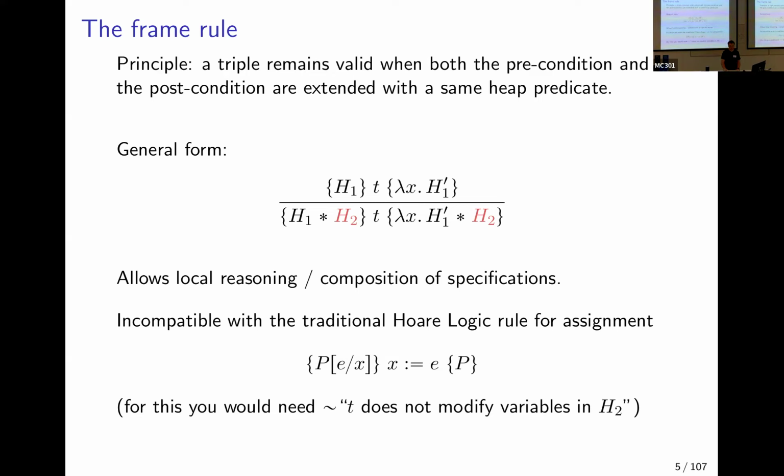Yeah, you're right. So when you compose those two things, what this rule says is, you have a Q here, and when you compose it with some H2, the lambda x, the x only goes to the left hand side.